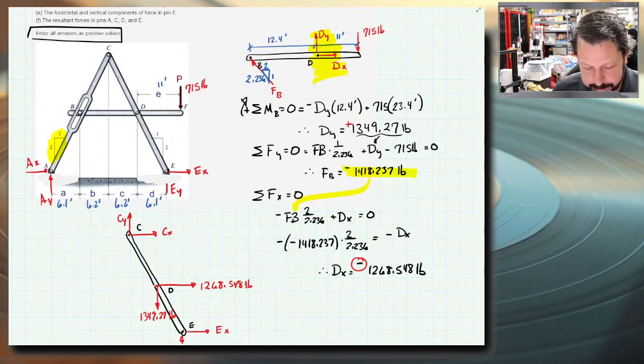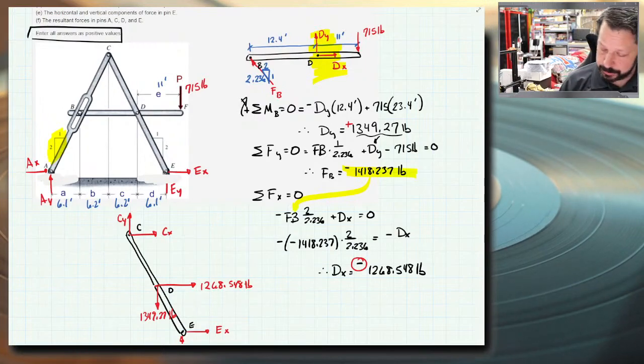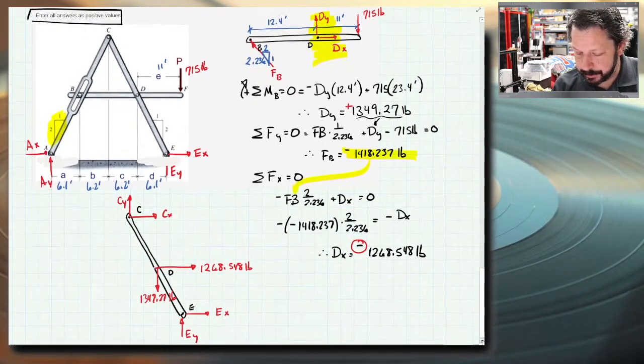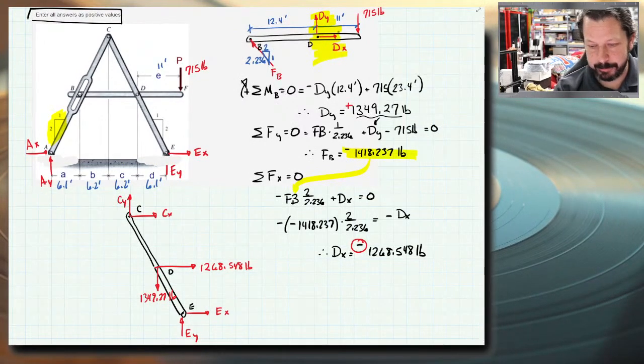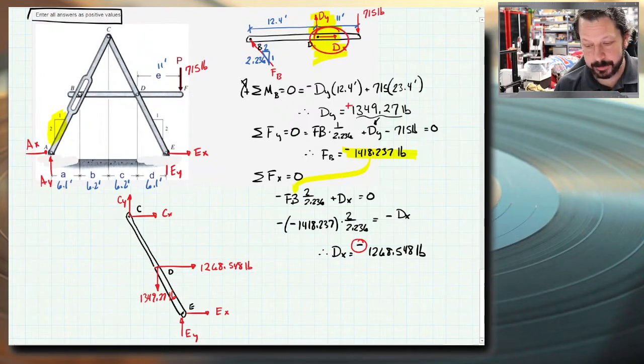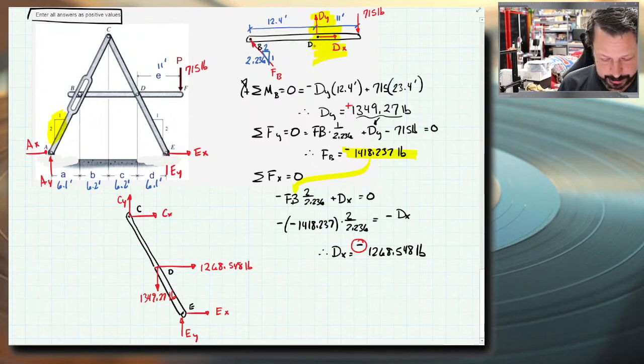But in this case, I'm going to do it the other way just because I am going to. But it's equally as valid to keep the arrow pointing to the left on this piece, showing that it matches what we started with, as in an equal and opposite direction, and just keep that negative sign on there. So it's going to be which way you like to deal with that.